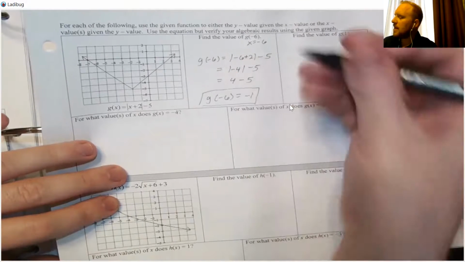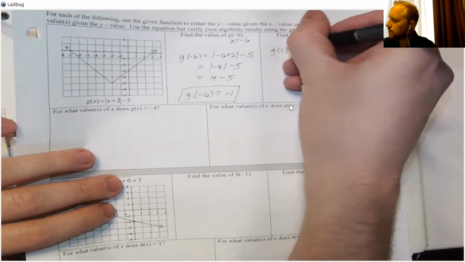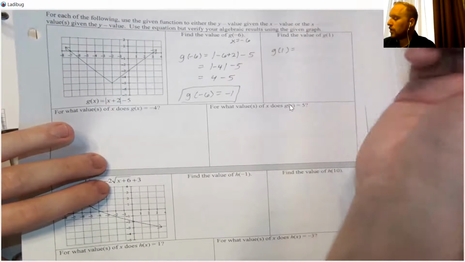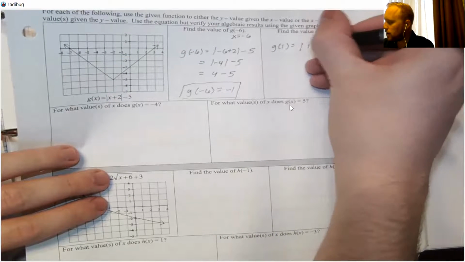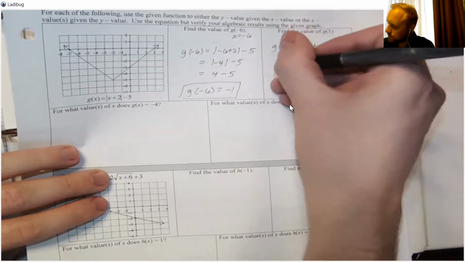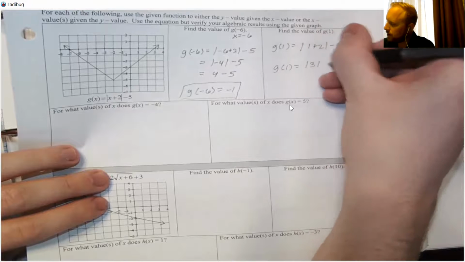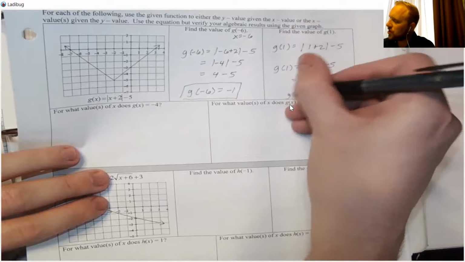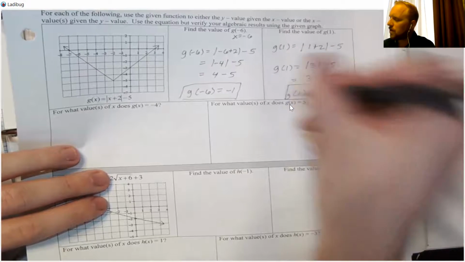Okay. Then it says find the value of g of 1. So we're going to go over here, g of 1. We're going to plug a 1 in for x. So we have the absolute value of 1 plus 2, minus 5. And this gives us g of 1 is equal to the absolute value of 3, minus 5, which comes out to 3 minus 5. So g of 1 is equal to -2.